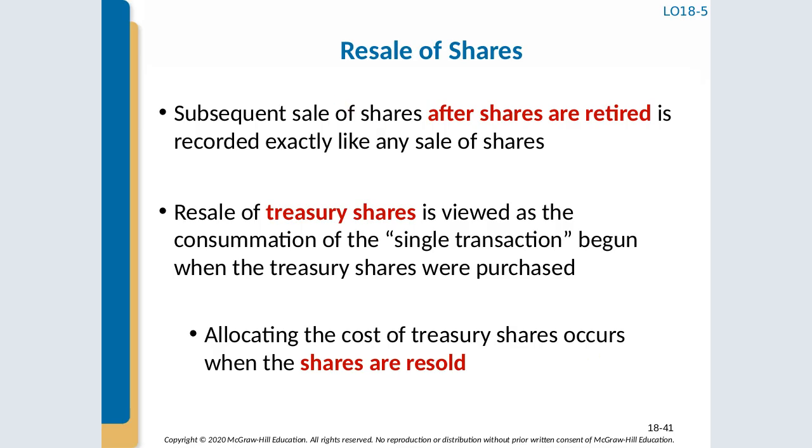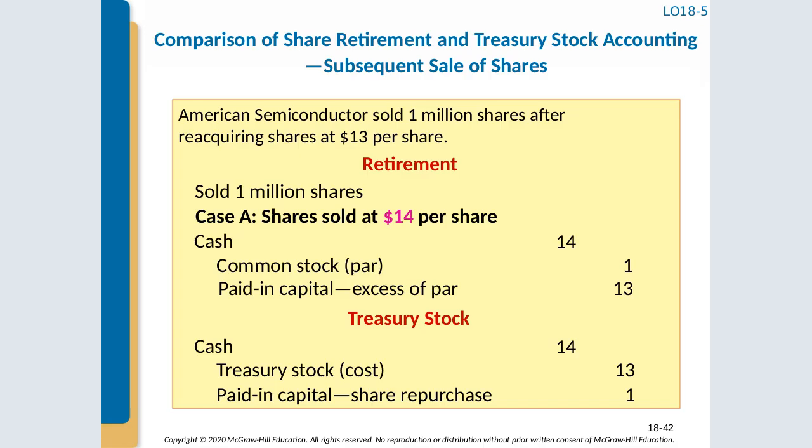Now, if we decide to reissue the previously purchased shares, we need to keep track of the cost, as we said. We repurchased the shares for $13 per share, so it was 13 million.